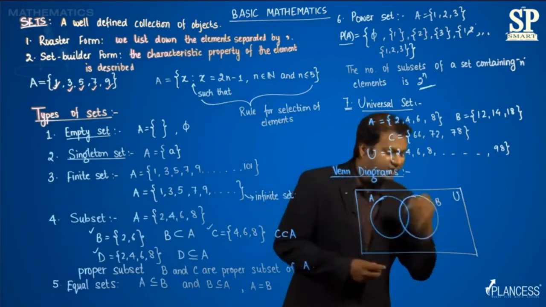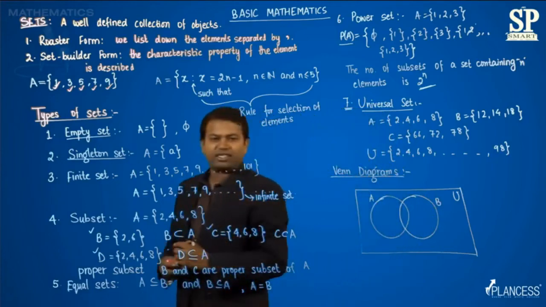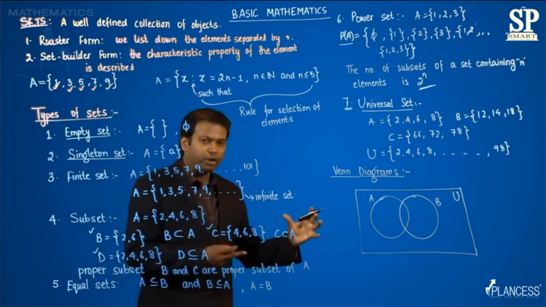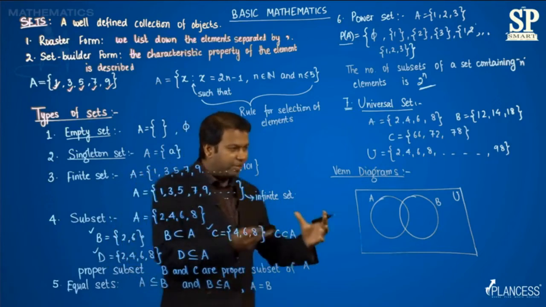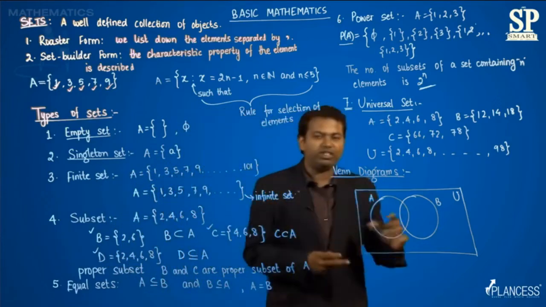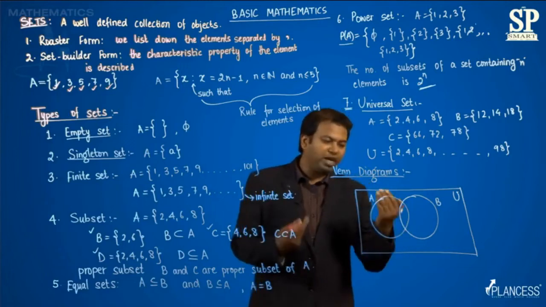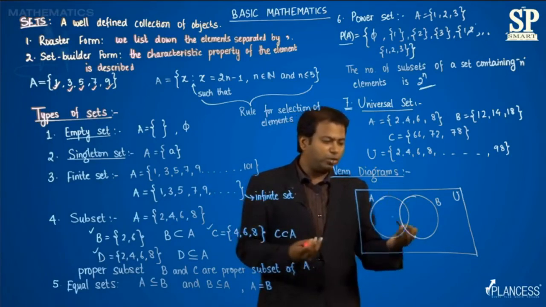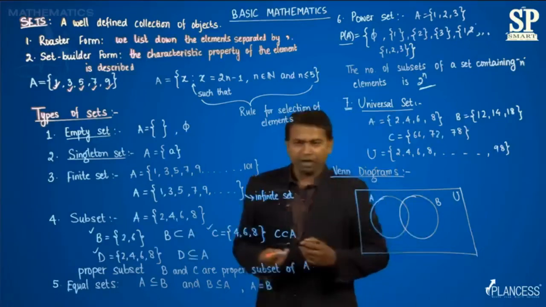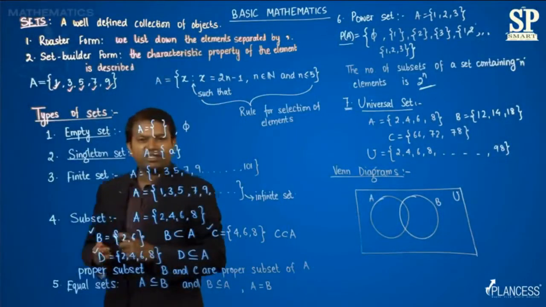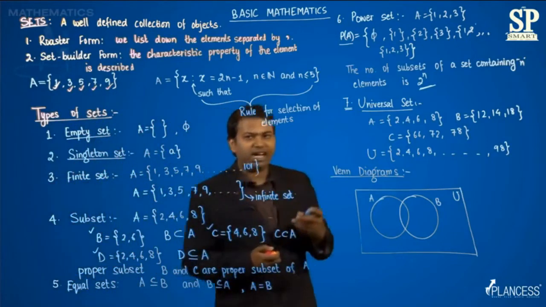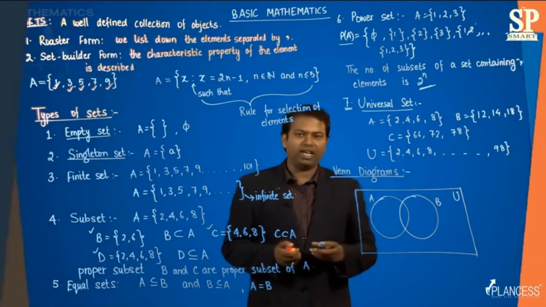In this case, we have represented two sets A and B in the form of circles, which are drawn inside the universal set. The reason being, the universal set is a set which will have all the elements. So no matter what elements are there in A or B, they are always contained in the universal set. So let us now try to discuss some of the operations between sets, and let us also try to understand this with the help of Venn diagrams.